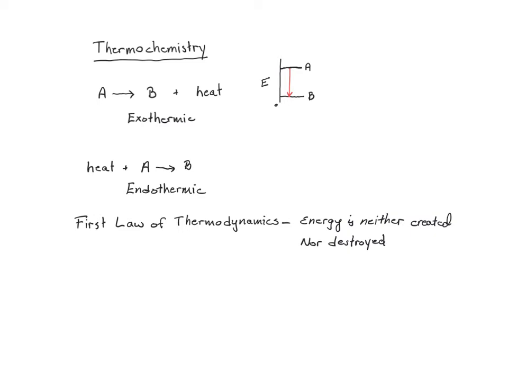Okay, so what happens to that energy that is lost? Well, it has to be given off somehow. It can't just disappear. Okay, so that has to be given off as heat.